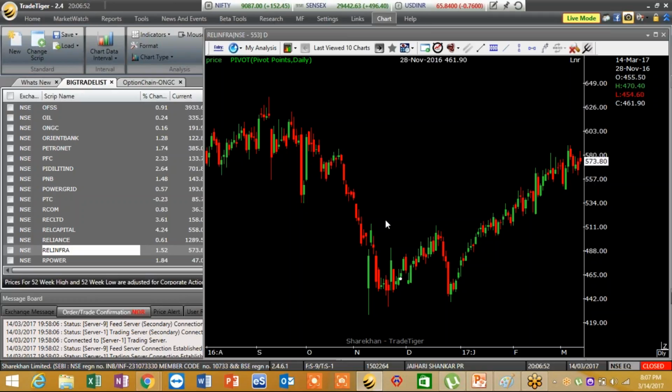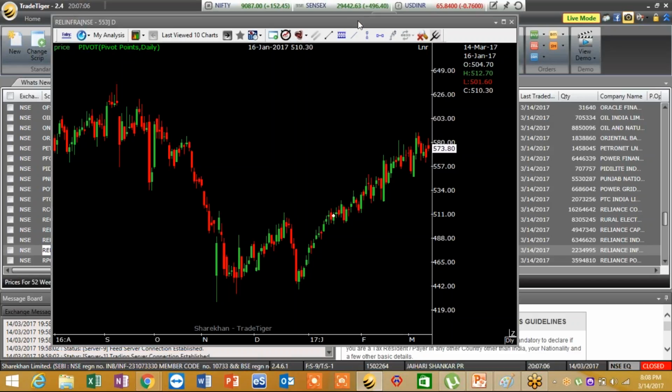See here itself in daily, this candle suddenly gapped down, then it came up. This candle was the lowest low and it was a green candle in daily. The closing price is 573. You can see the closing prices on the right side, when I keep the mouse here.